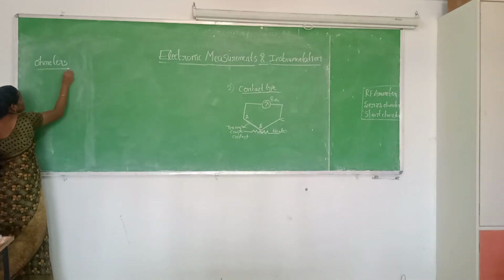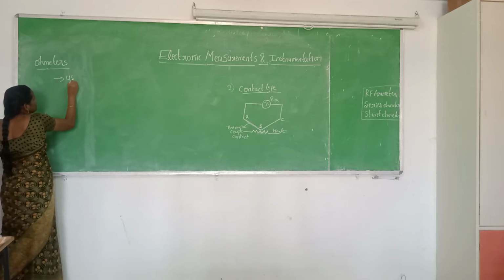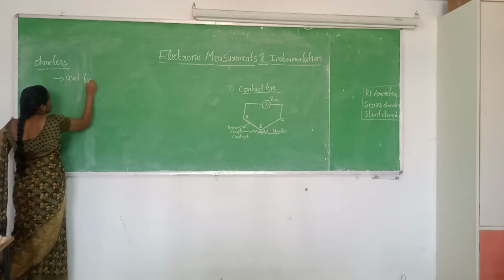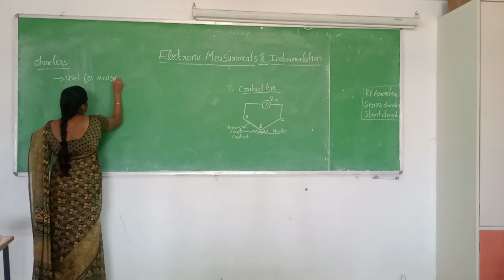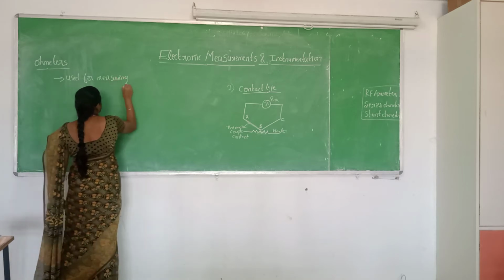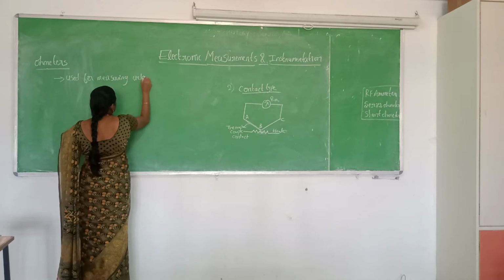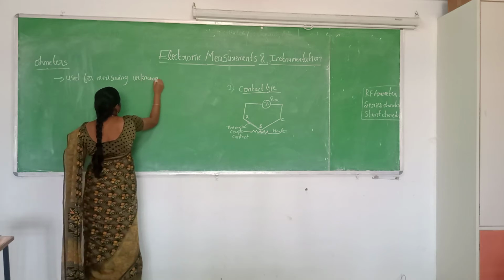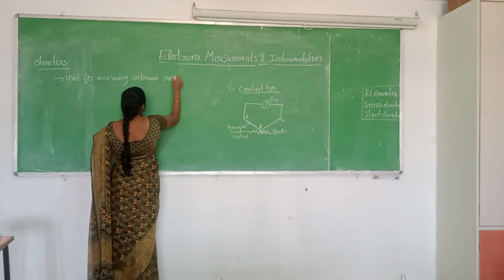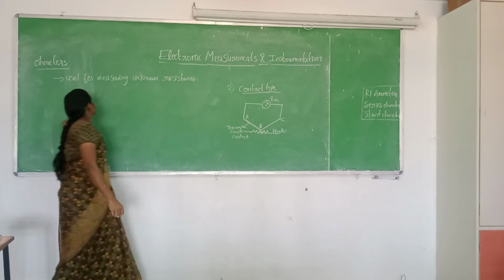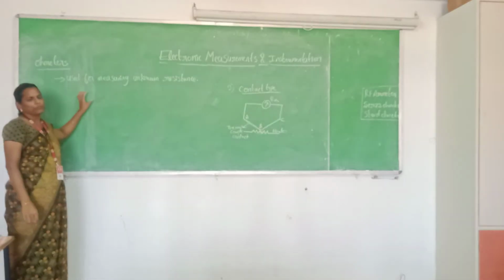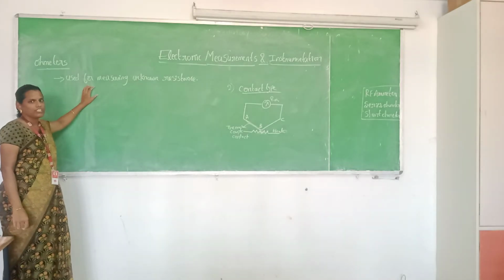These ohmmeters are generally used for measuring unknown resistance in a circuit. So it is one type of PMMC instrument which is used to measure the resistance.